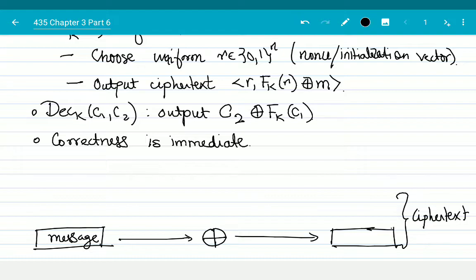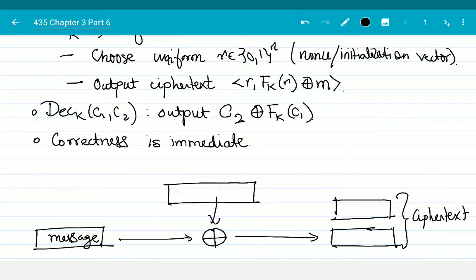The second block is the encryption of the message, which depends on the message. But there's another block, the r that is being sent, and that has nothing to do with the message. How is the message being encrypted?